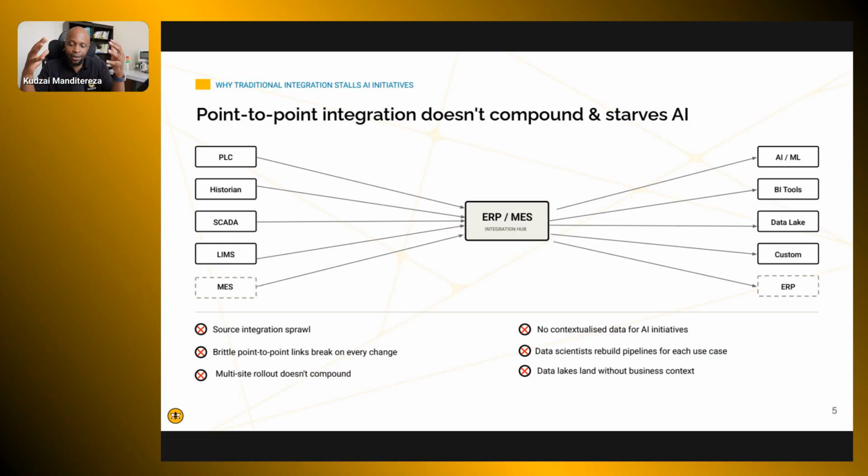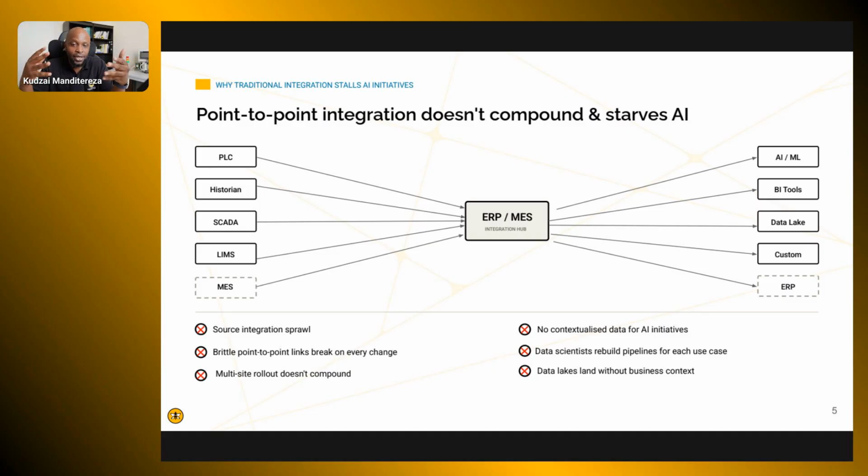When your data leaves all these operational systems and goes to a central data platform, whether you're using a lakehouse or whatever you're using there, you end up getting raw values and raw data that has no context as to what asset was involved in that process, or what process was running. So there's no meaning attached to that. AI can't do much with data that doesn't know what it represents.